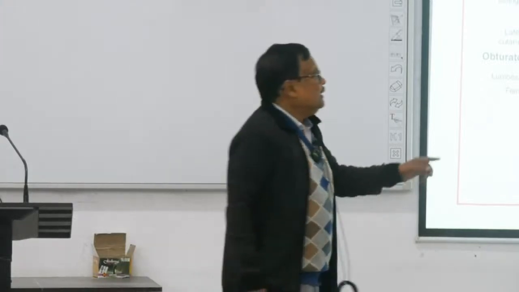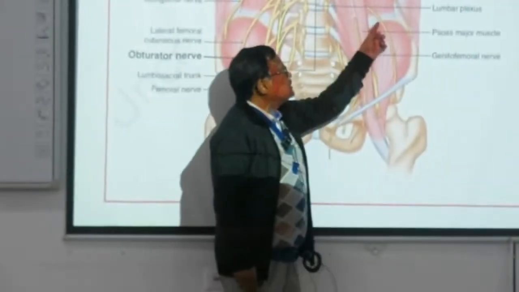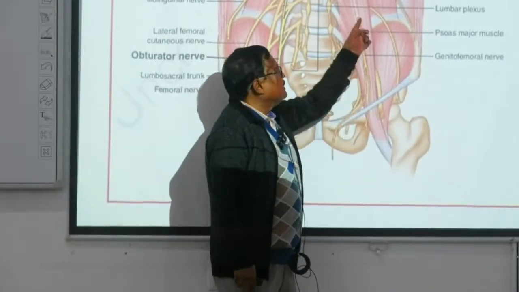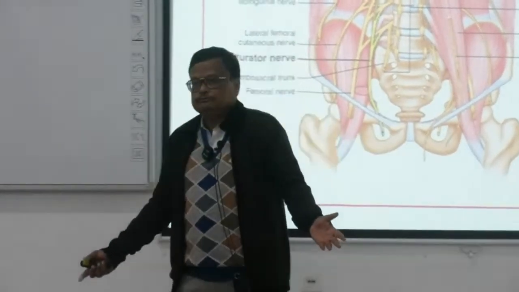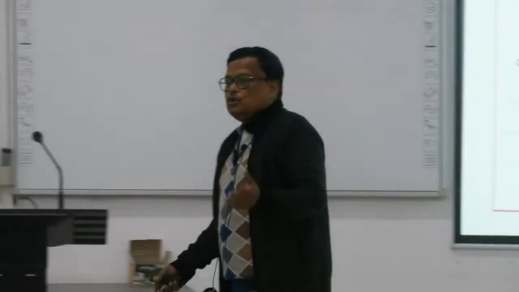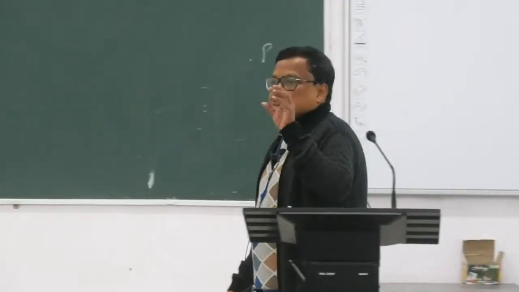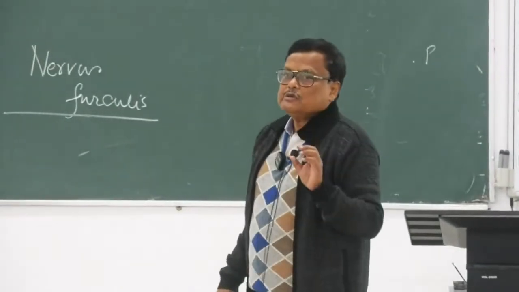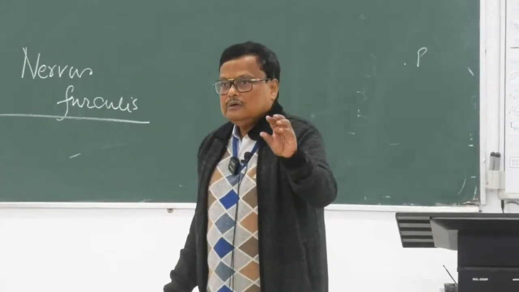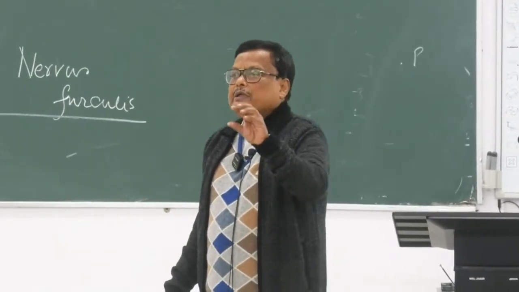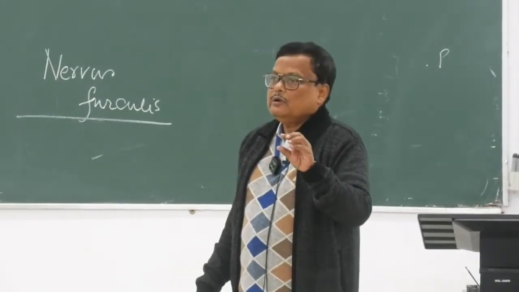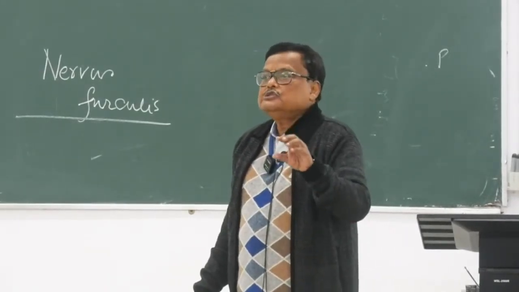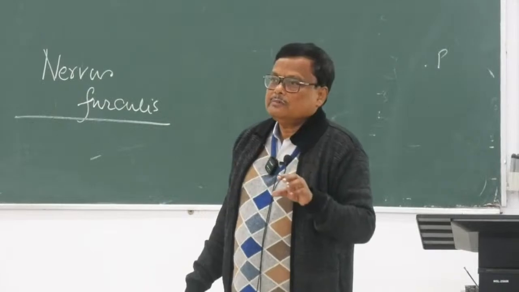Then these branches pierce the psoas major muscle to come out at different levels. So, the lumbar plexus is formed by the anterior rami of the L1 to L4 nerves with a contribution of the T12 nerve. Situation, it is situated within the psoas major muscle.